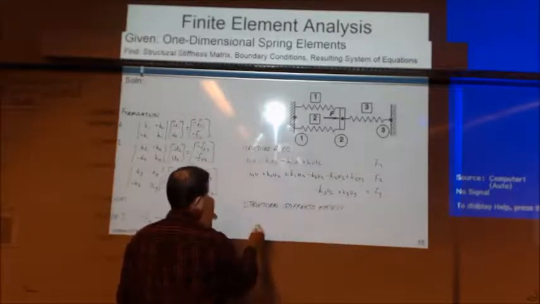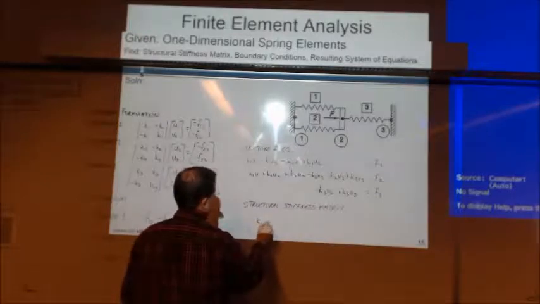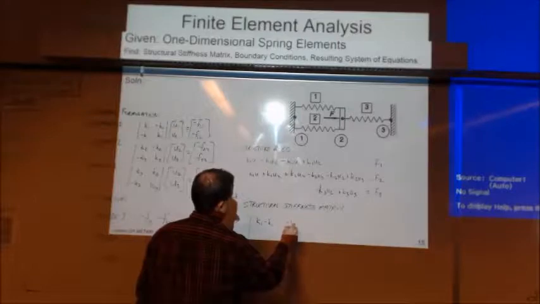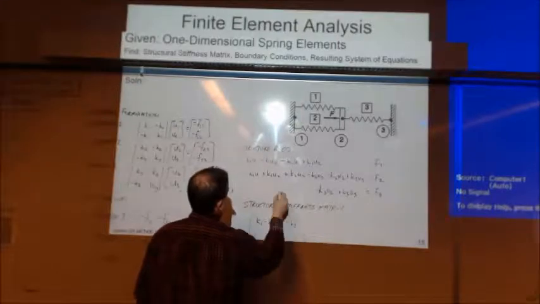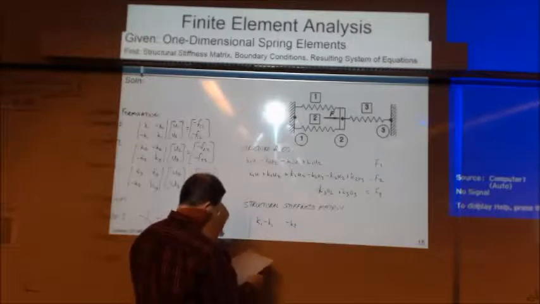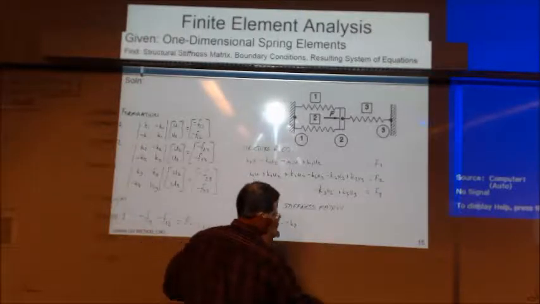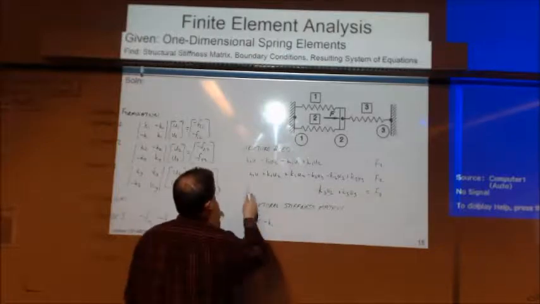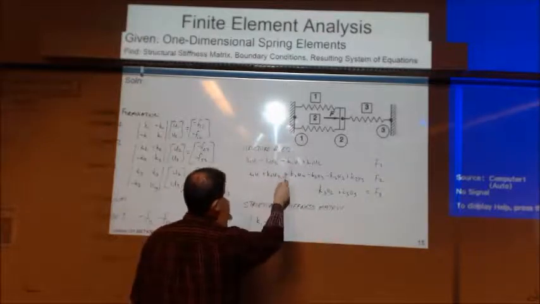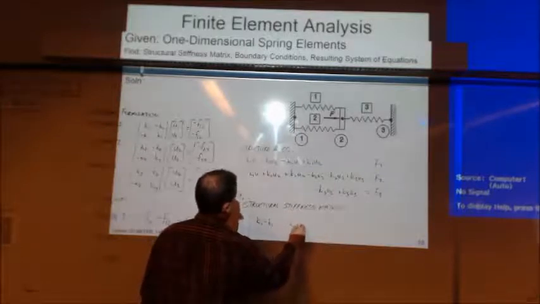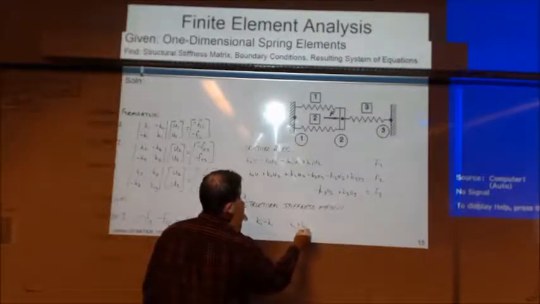Two K1s, minus K1, and a minus K2. Oh wait, that's supposed to be a 1. This is a K. Now we have a minus K1 plus K1.